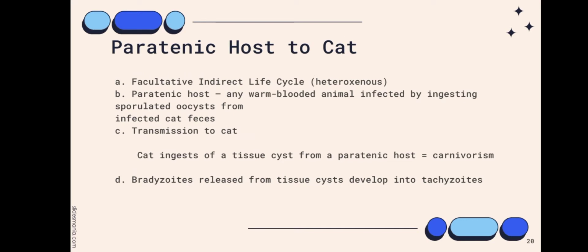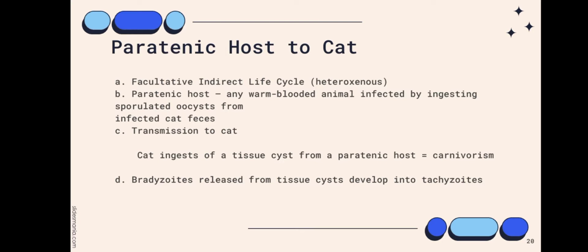The paratenic host to cat. It is a facultative, indirect life cycle, or heterogenous. Paratenic host: any warm-blooded animal infected by ingesting sporulated oocysts from infected cat feces. Next is the transmission to cat.